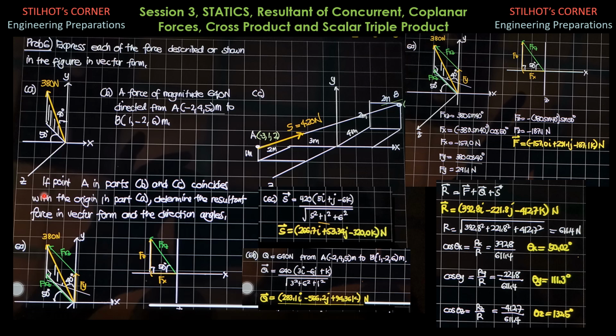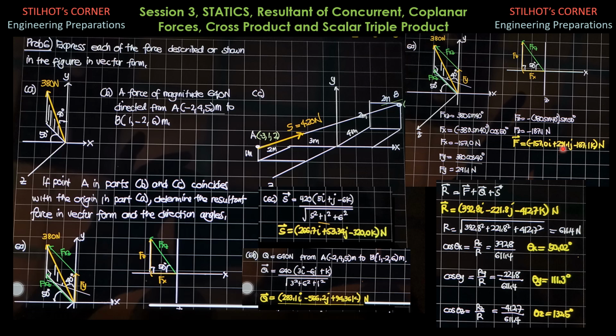Then to answer this problem, let's combine, finding the resultant. So R is equal to force F plus force Q plus force S, all in vector form. So that means we have to add the x components. So negative 157.0 plus 283.1, then plus 266.7, and that is 392.8 i.